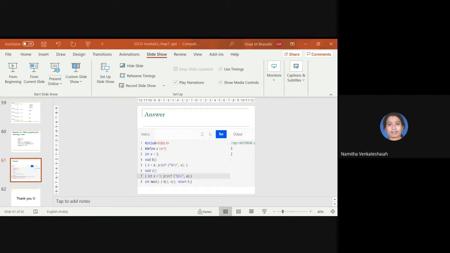I will open all the question papers and go through the type of questions we have. Totally, I have 4 question papers. Okay, let us discuss the question paper questions now.